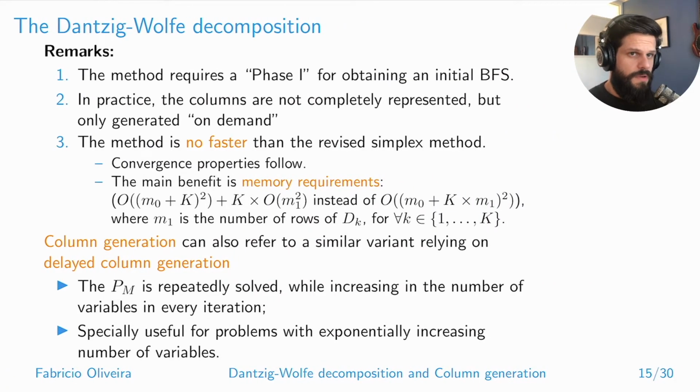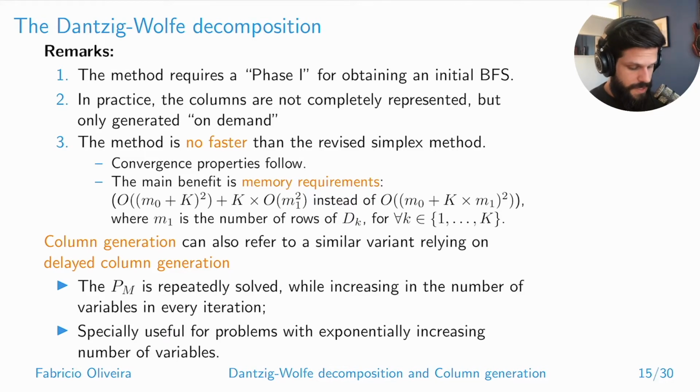So this variant, as I presented it, is what I tend to refer to as Dantzig-Wolfe decomposition. When I talk about column generation, I'm usually thinking of this very similar variant, where we are truly working with the notion of delayed column generation, in the sense that at every iteration we are adding extra variables to the main problem, and therefore creating new columns.